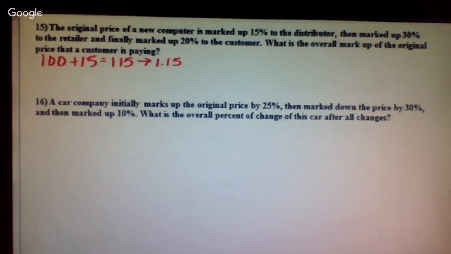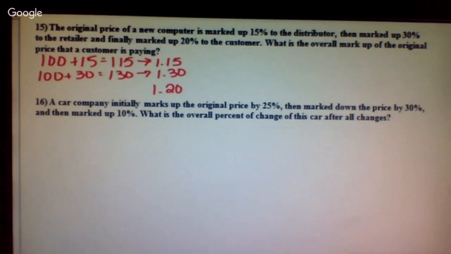Then we're marking up 30%. So again, you would add 30. That gives you 130. Change it to a decimal, 1.30. Basically, you're changing this to a decimal and you're just sticking it onto the end of 1. So 20% comes out to be 1.20.